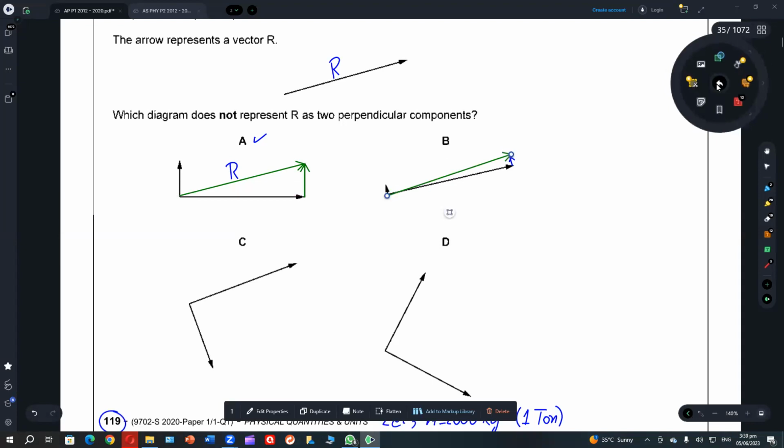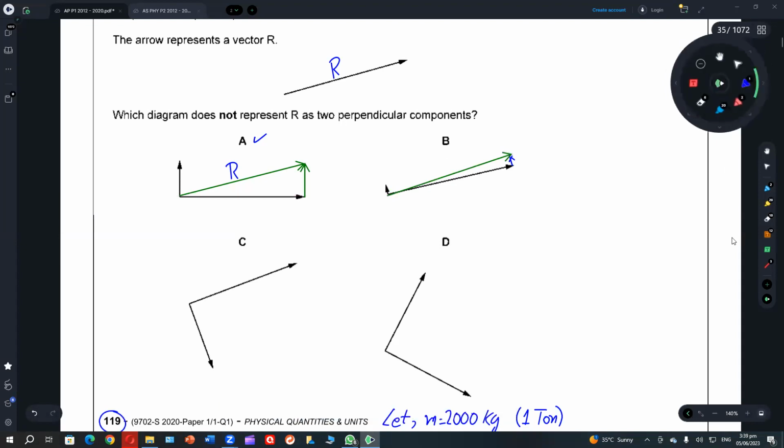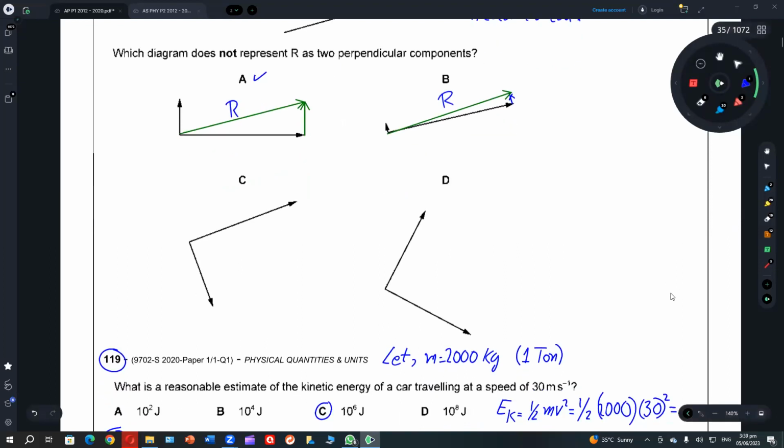We can also extend the vectors while taking it out. Like even in A, the bottom vector is extended towards the up, and then a resultant R is made. You can extend any one of them. Actually, you need to go head to tail. That's the main thing to do. You have to get head to tail. Now try C.